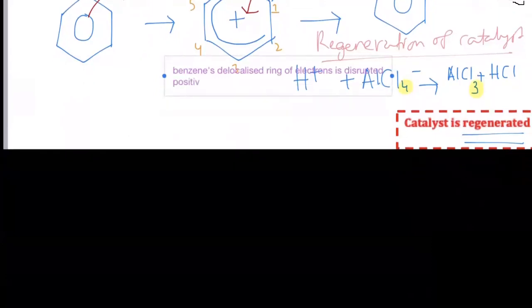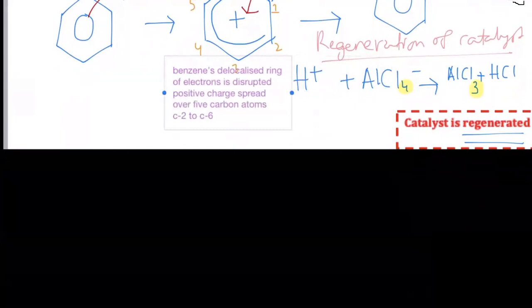Positive charge spread over 5 carbon atoms, which is from carbon number 2 to carbon number 6. I hope you can see that.